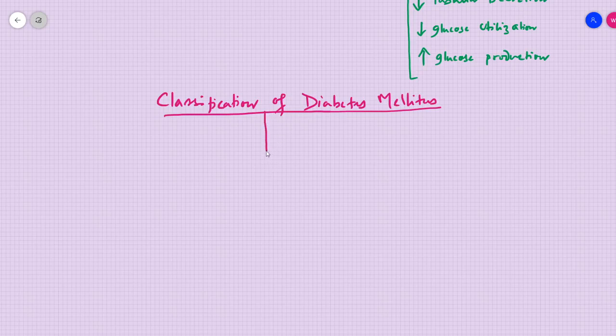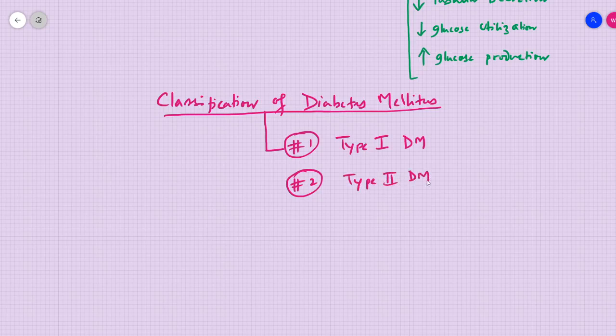The first is type 1 Diabetes Mellitus, and the second is type 2 Diabetes Mellitus.